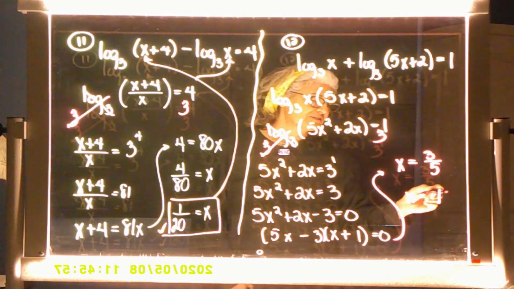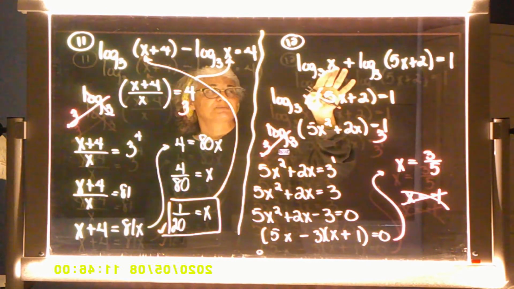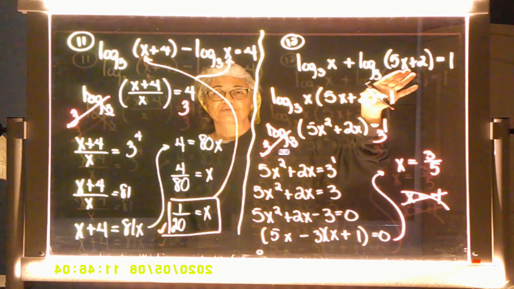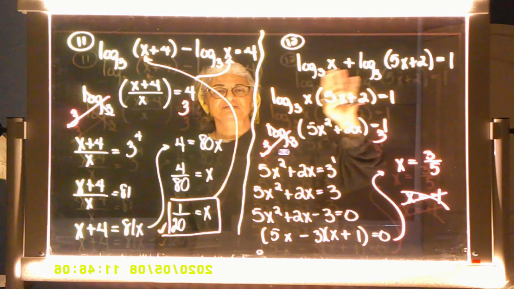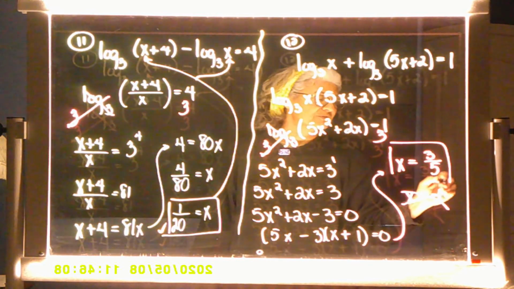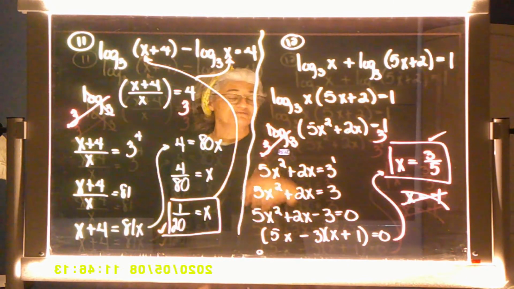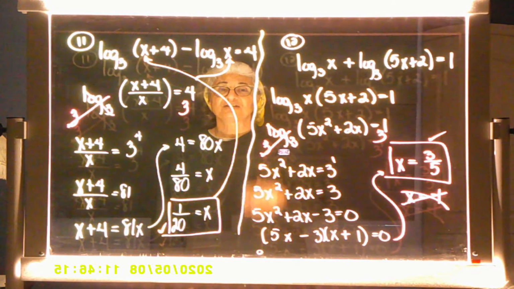So yes, clearly this one does not work. If I plug a positive 3/5, yes, this works. A positive 3/5, yes, this also works because I'm taking the log of positive numbers. So this answer works. 2 answers we arrived at, only 1 answer is working for us. Cool?